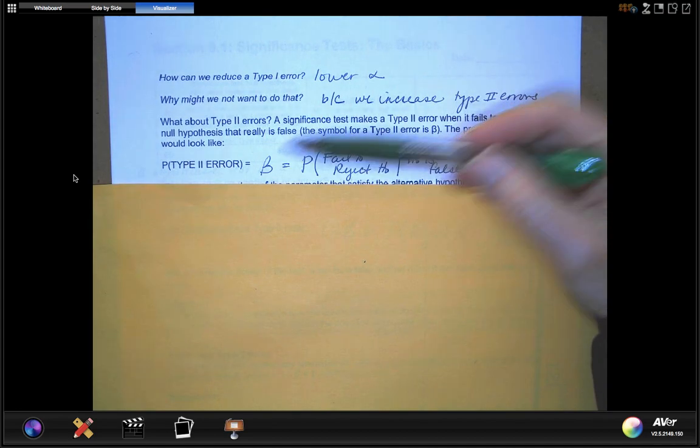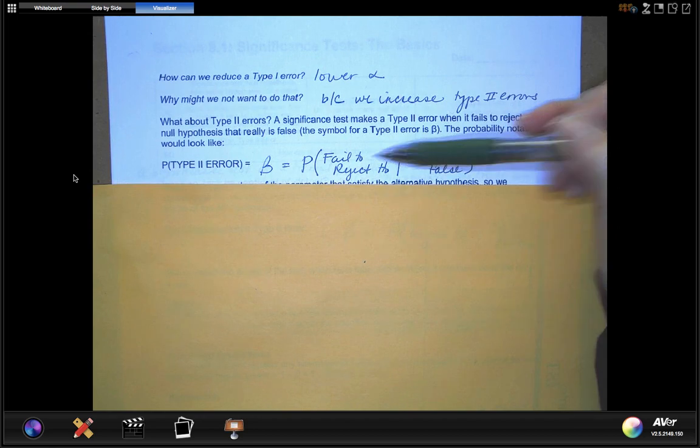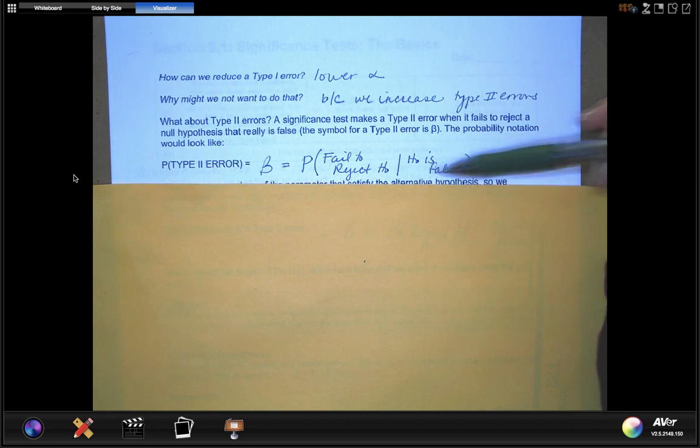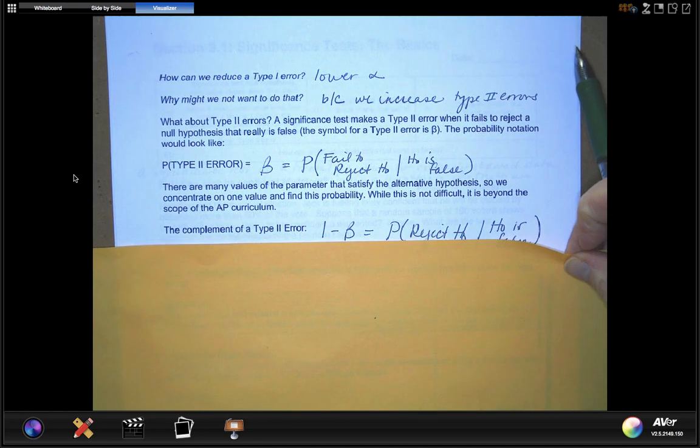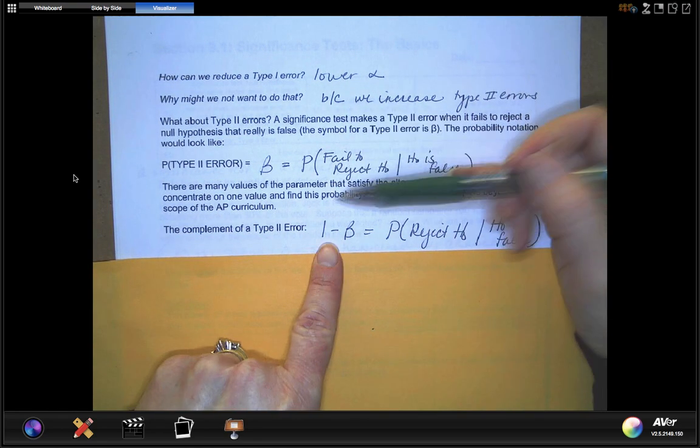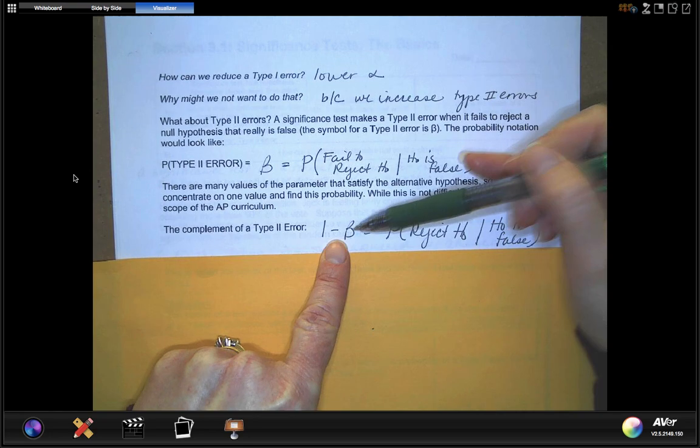But a type 2 error, remember, you're failing to reject, but the null is false. So given that it's false, what's the probability I fail to reject? That's your type 2 error. Then there's something called power. This is the complement: 1 minus beta.